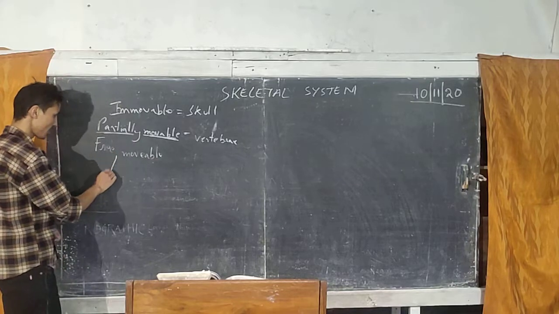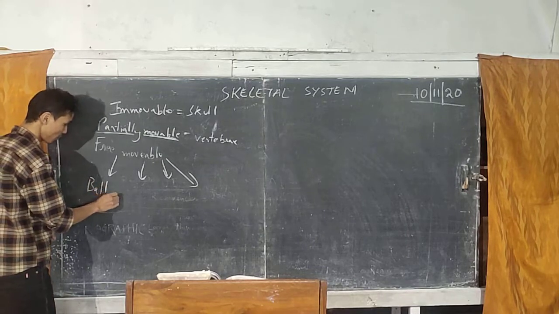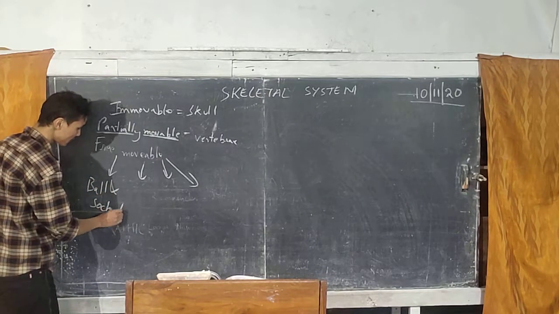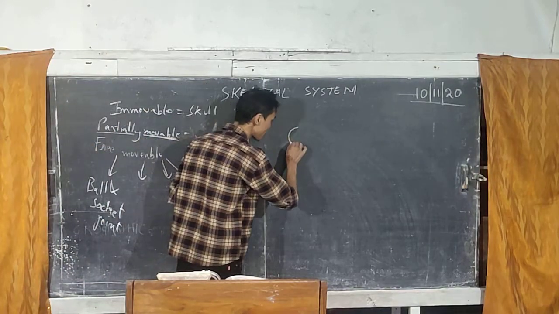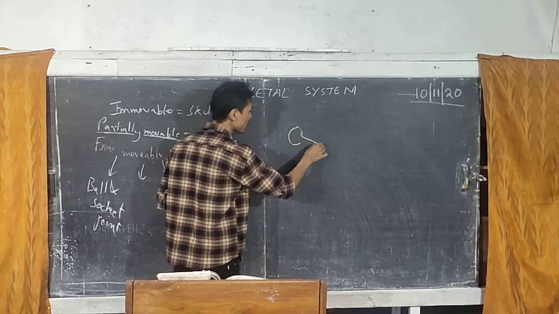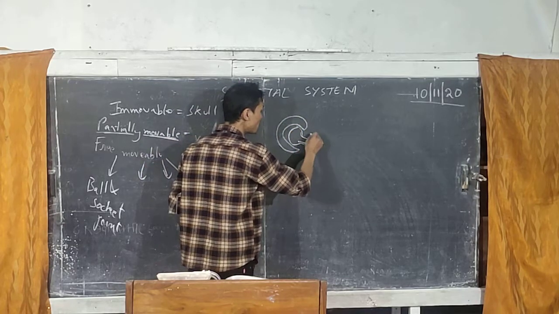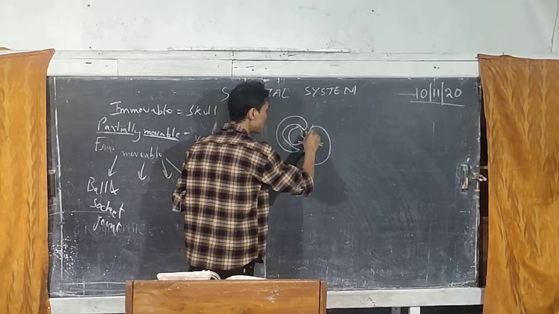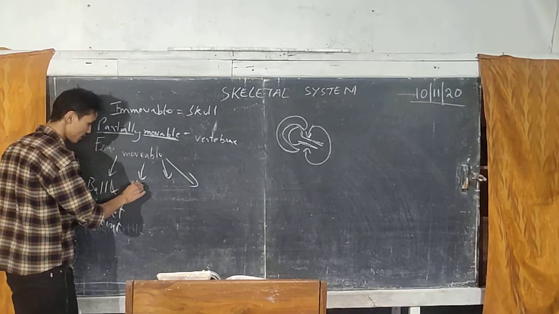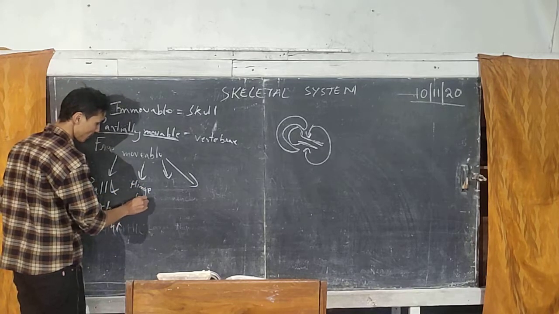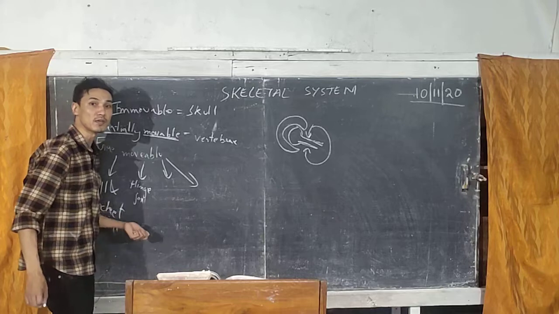These joints are again of different types. The most common one is ball and socket joint. The ball and socket joint, what it means is one bone has a head like a ball which fits into a socket. So this bone is now capable of movement in any direction, and it is found in the shoulders. Next is hinge joint. Hinge joints are similar to the hinges of a door, which allows movement in only one particular direction.